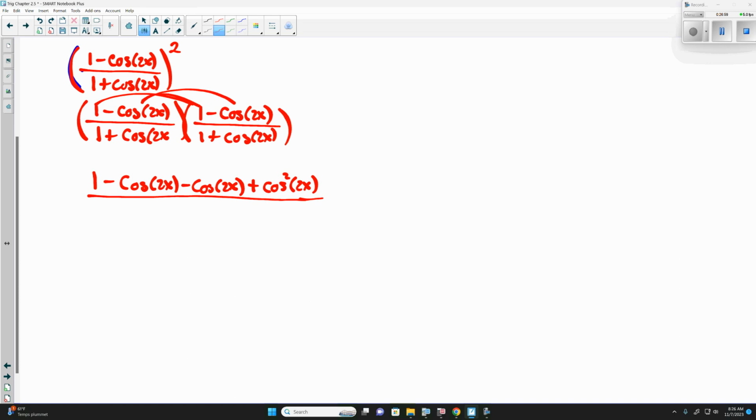The denominator, 1 times 1 gives us 1. 1 times cosine of 2x is plus cosine of 2x. Cosine of 2x times 1 is plus cosine of 2x. And lastly, cosine of 2x times cosine of 2x is plus cosine squared of 2x.